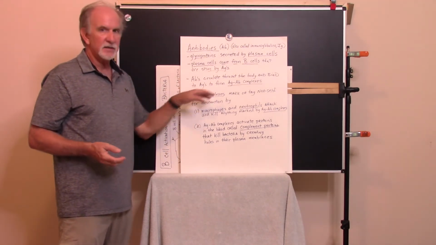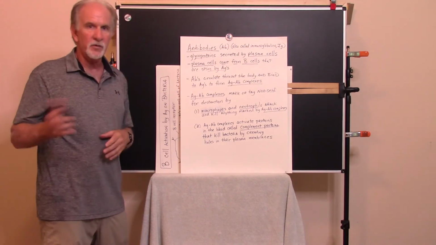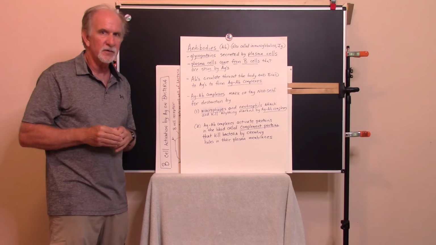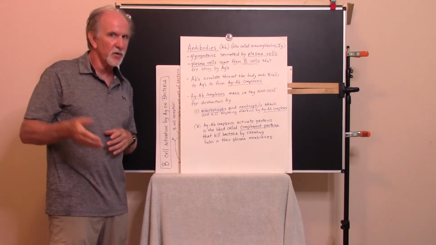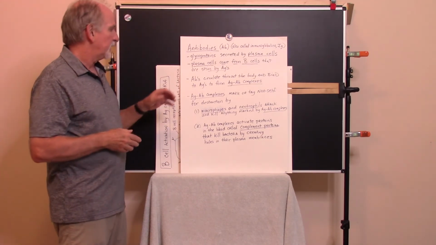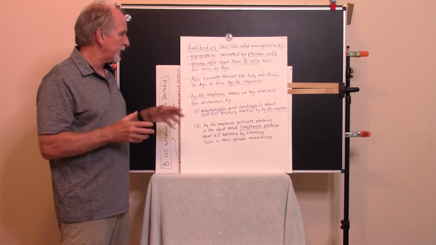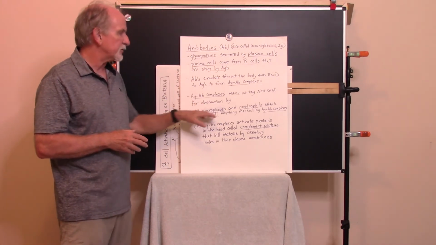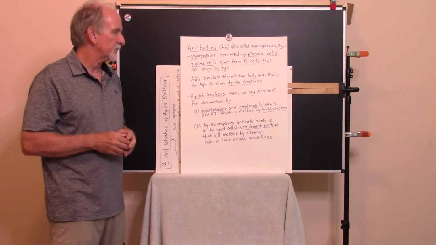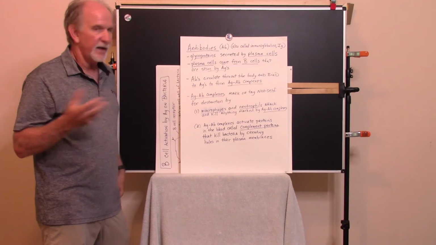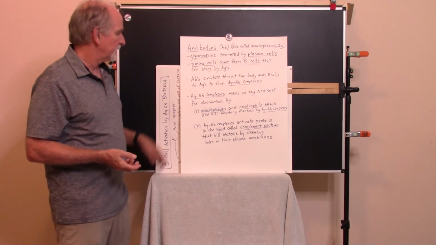These antigen-antibody complexes are important because they mark or tag non-self, like a bacteria or a viral particle or a pollen grain, for destruction. And the destruction occurs at the hands of macrophages and neutrophils that will attack anything associated with an antigen-antibody complex.